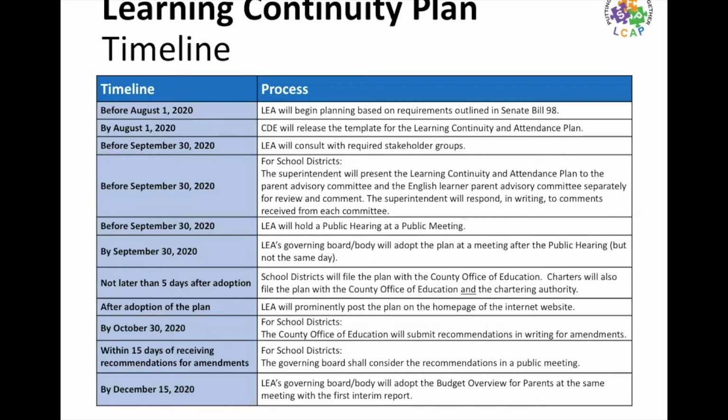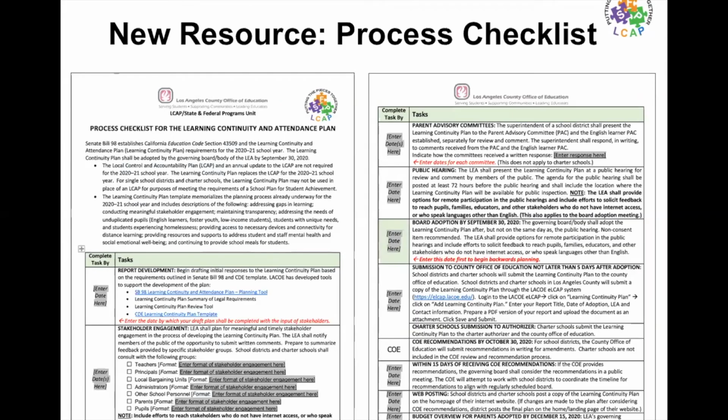Next slide. During our last presentation, part 1, we shared this table which contains all the requirements found in Ed Code 43509 that identifies specific due dates and timelines. To expand on this, what we developed is the process checklist. So the next slide will share that piece. Here's our checklist, and it's 2 pages long.